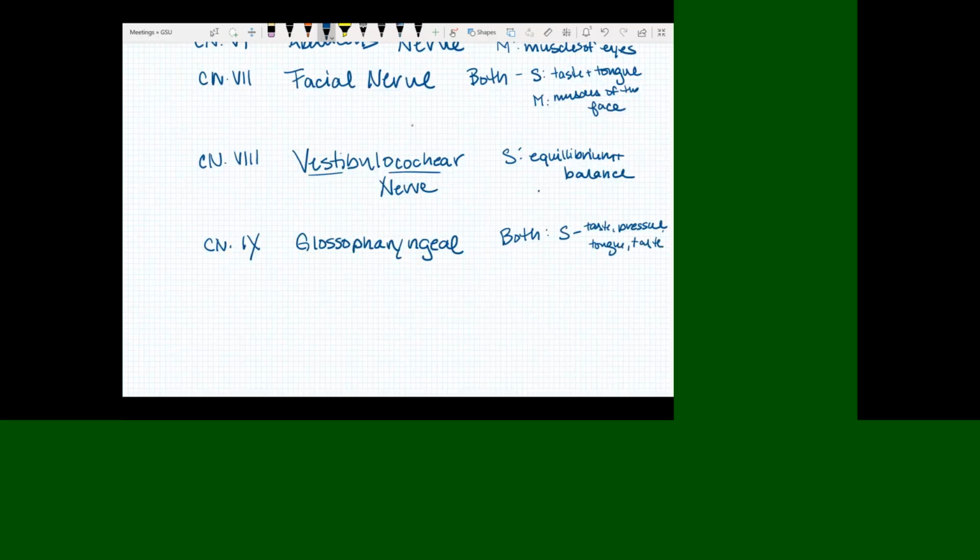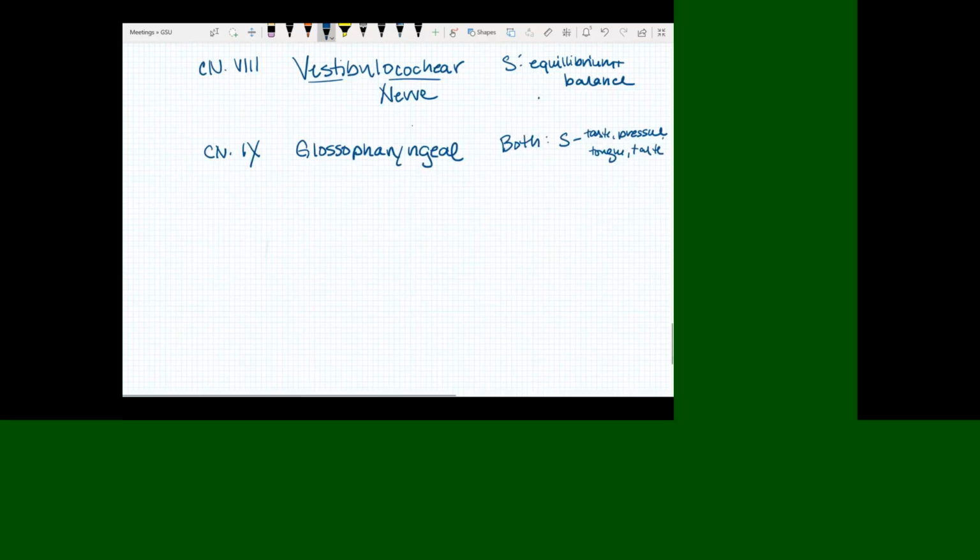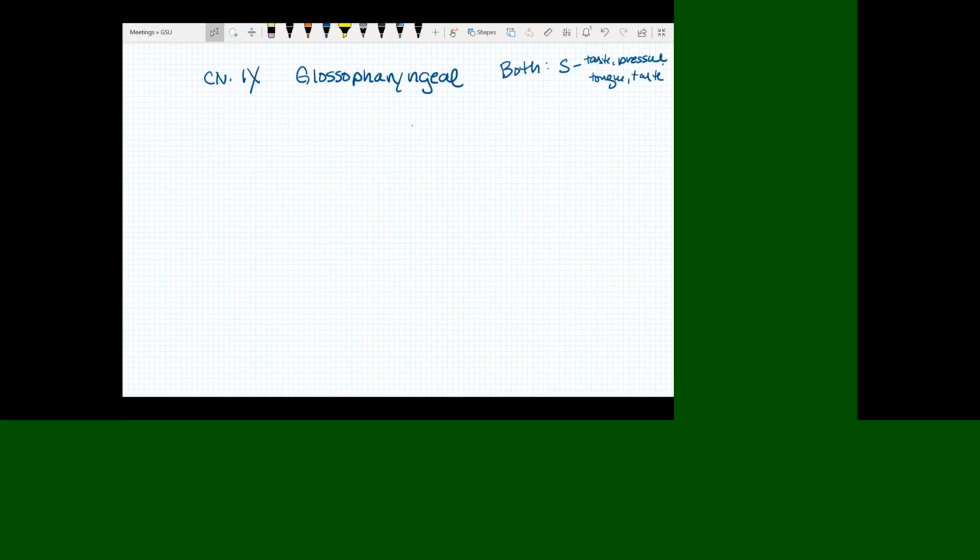So what's different about the glossopharyngeal versus the facial nerve is that with the glossopharyngeal, you are essentially presented with this option and you can choose to do it or choose to not do it. Whereas with your other ones that we were talking about, where it's the taste, pressure, tongue, those nerves carrying that information are going to be specific to parts of the mouth and tongue that the glossopharyngeal is not. So it kind of splits the tongue in half.